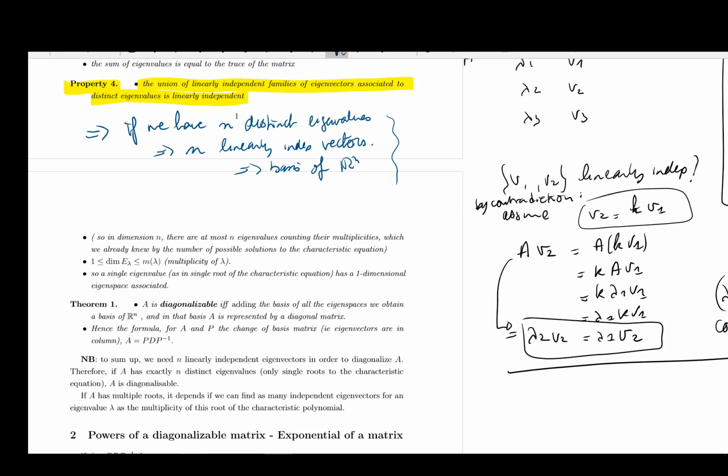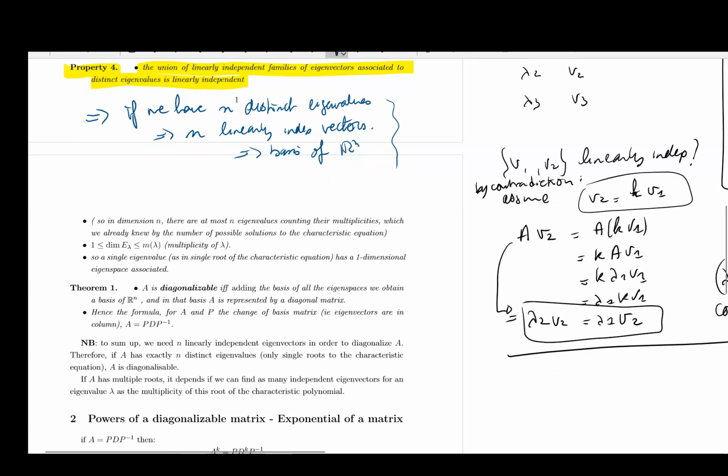This is going to work because for each single eigenvalue, I can associate an eigenvector, and if I've got n, let's say if I'm in R3, my matrix is 3 by 3, and I've got 3 different eigenvalues, then I know that I'm going to have 3 different eigenvectors, and that these are going to make a basis of R3.